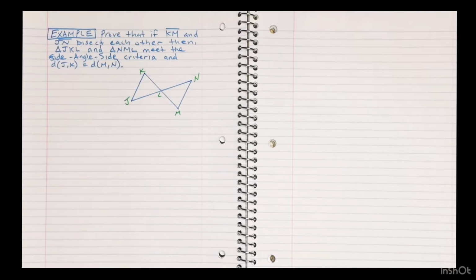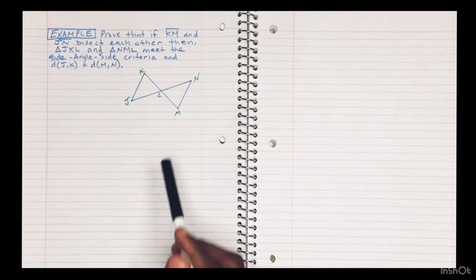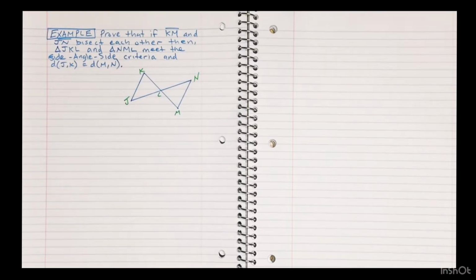The image shows two triangles. You have triangle KLJ, and then you have triangle MLN. If you look at them close enough, you can tell that they're probably equal, but we do have to prove it. So let's get started.